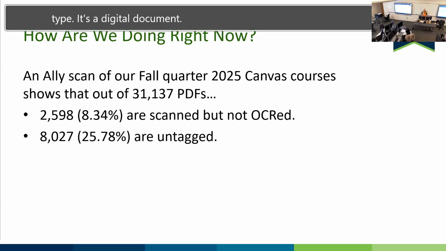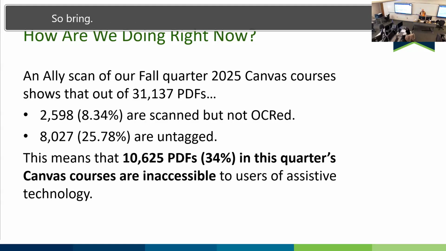They have the basic text layer, but there are no accessibility tags. So again, a student using assistive technology may be able to get some information out of that, but their ability to use the document is very limited still. So together, a little over a third, 10,625 of the PDFs in just this quarter's Canvas courses are inaccessible to users of assistive technology.